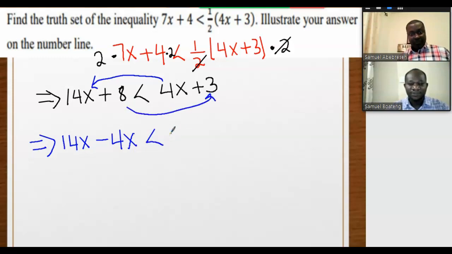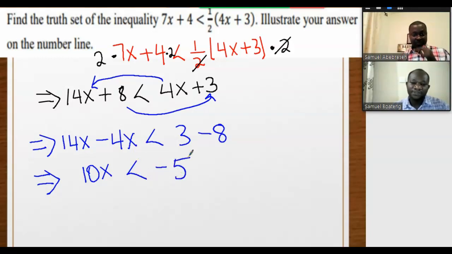So you write 3 first, minus 8. So on the left-hand side, 14x minus 4x will give you 10x, less than 3 minus 8 will give you minus 5. To find x, 10x is less than minus 5. So we divide both sides by 10 to find x.